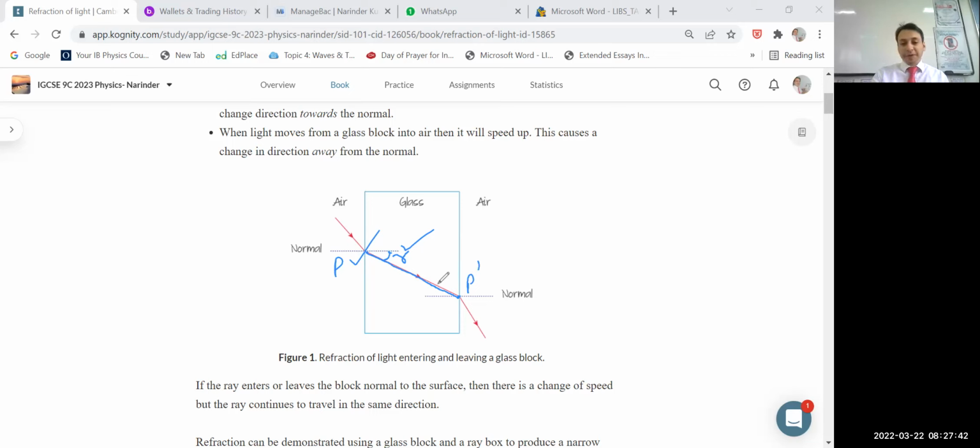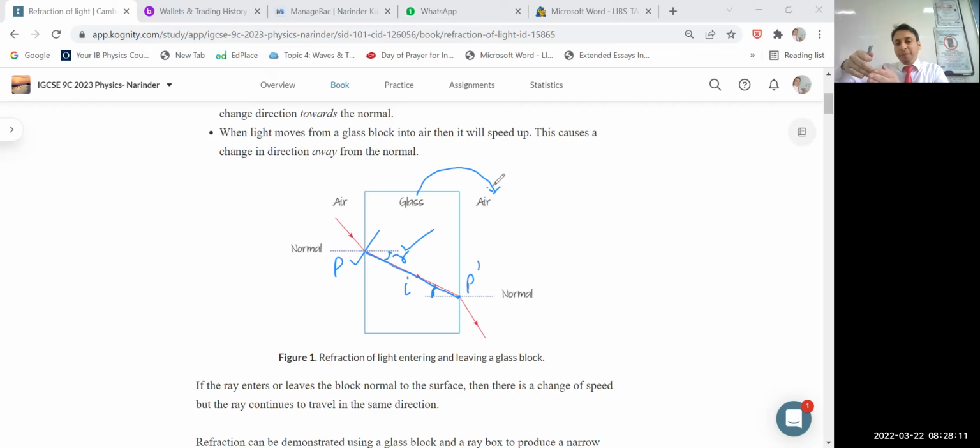What will be the angle of incidence and where do I have to represent this one, children? Again, I will say this is the incident ray at point P prime, and now it is moving from where? It is going from glass to air, children. From P to P prime, the light has traveled for some seconds.